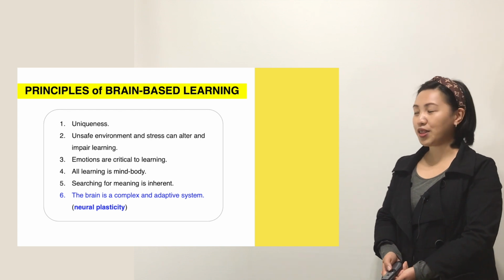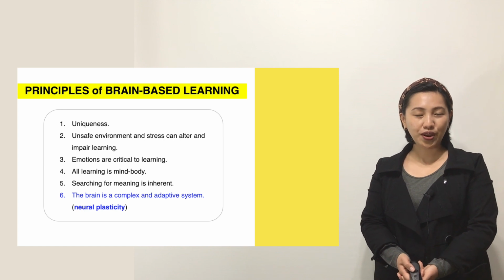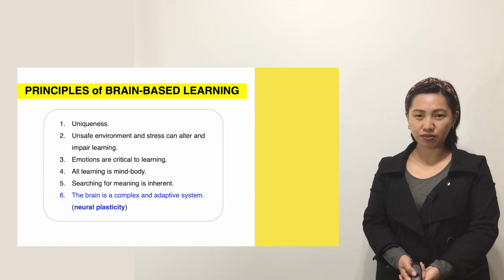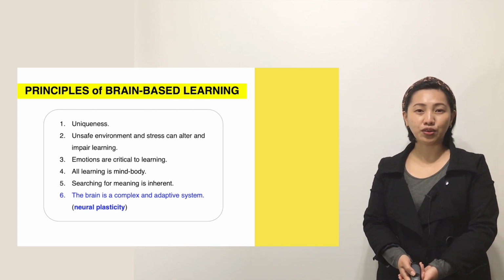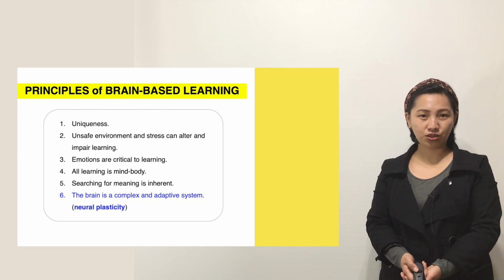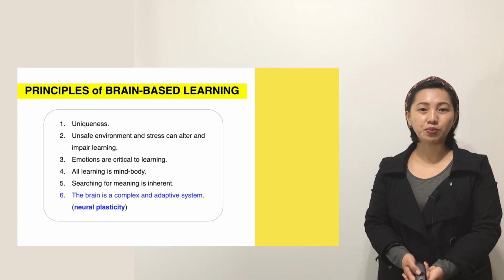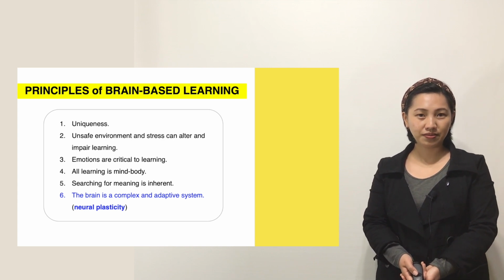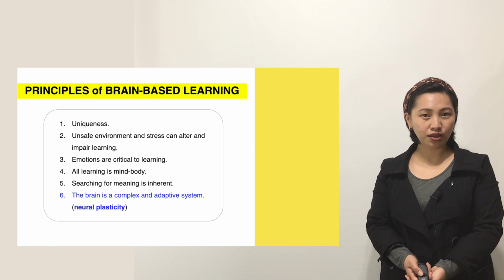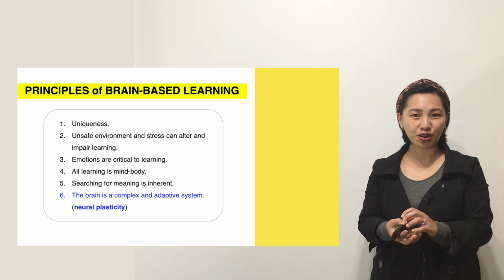Lastly, the brain is a complex and adaptive system. Whenever an individual acquires new information or has a meaningful experience, the brain will undergo a physiological change. Information is stored and retrieved through multiple memory and neural pathways that are continually being formed into synapses. This ability is called neural plasticity, like the plastic material.